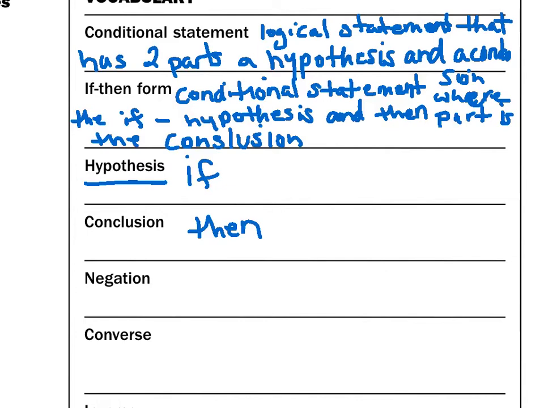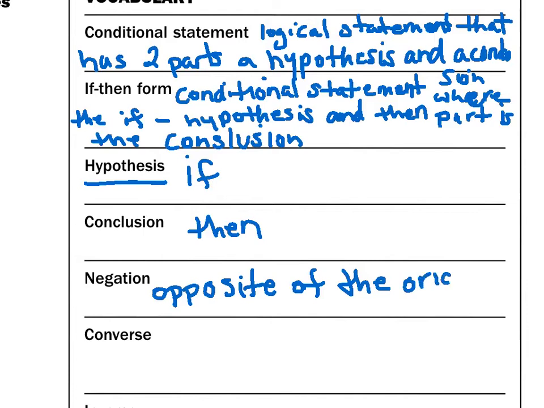Okay, the negation. Negation of a statement is the opposite of the original statement. Now, because it has the word neg in it, we usually think of this as a negative thing, but it's not really negative, it's just opposite.